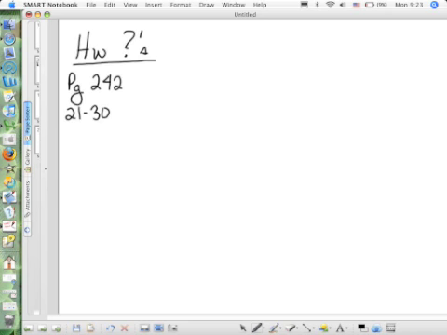Okay, take out your homework from the weekend. Page 242, you had 21 through 30. I'm going to go ahead and give you the answers to the evens so that you can check yourself. And then you can ask me any questions that you had. So you had the odd answers. Here are the even answers. Remember that the order of the groups doesn't matter, just so the groups do consist of these things.